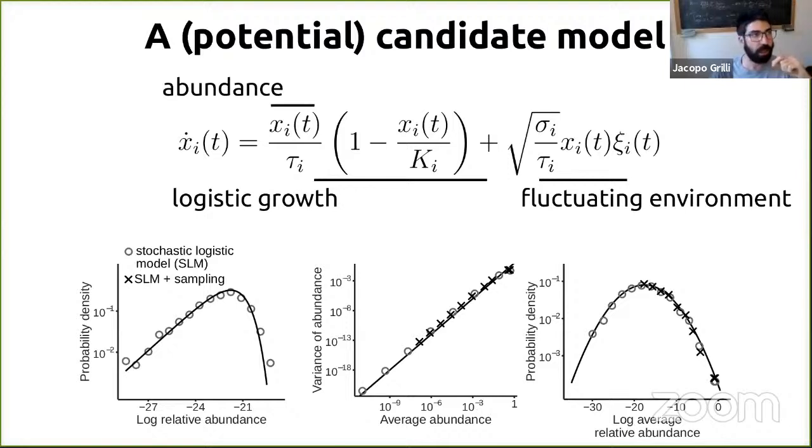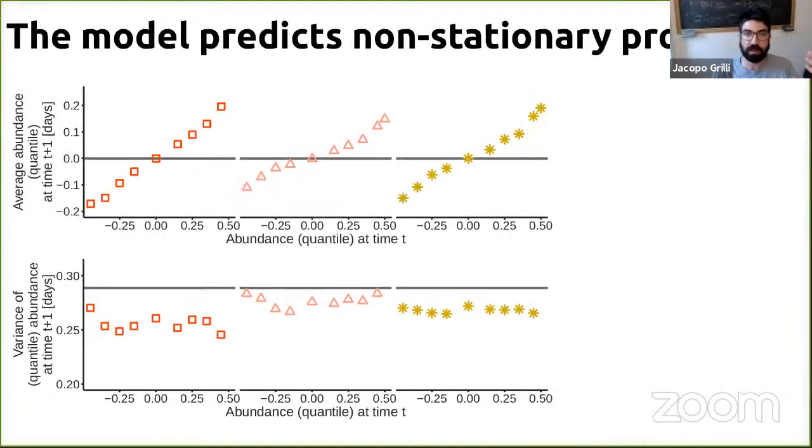You can also check the models on dynamics to check whether they reproduce dynamic patterns. In principle, all the non-stationary properties are determined by the transition probability: the probability that if a species is present with a given abundance today, it's going to have a given abundance tomorrow.